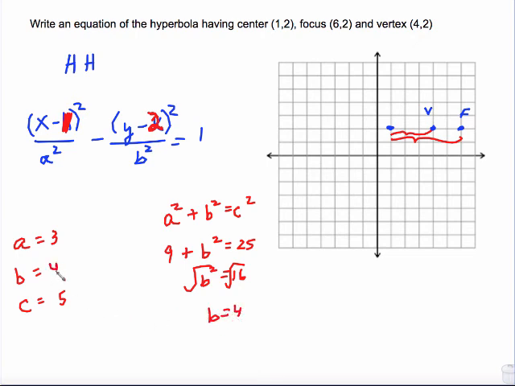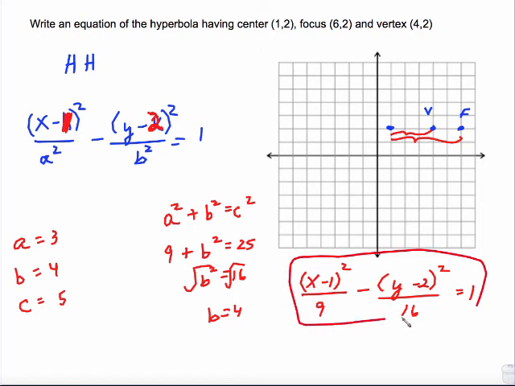So to write this up a little more neatly, we're looking at x minus 1 squared over a squared, so 3 squared is 9, minus y minus 2 squared over the b value squared, which is 16, equals 1. So coming up with that equation is really not that bad if you use the graph to get yourself started.